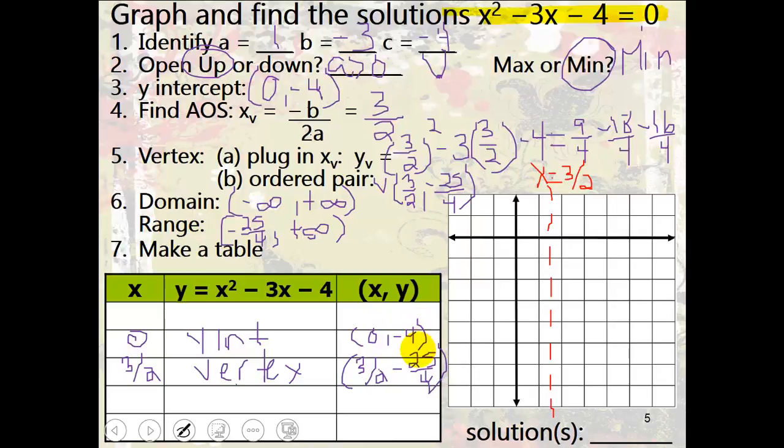All right, so 1.5 and then negative 6 1/4. 1, 2, 3, 4, 5, 6, negative 25/4, and then (0, -4) right here. Now I'm going to use symmetry to get my point on the other side of that. So that is 1.5. So that takes me to 3. And then I use symmetry.